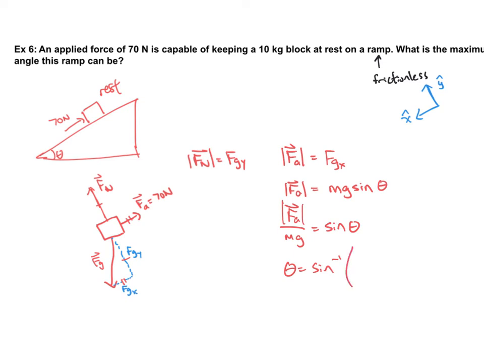I'll just fill in the numbers now. So it'll be 70 newtons in the denominator, it's 10 kilograms times 9.8 for g. So I'll do the inverse sine of that. Get my calculator out here.